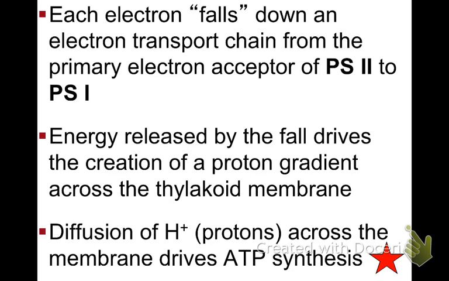Okay, so each electron falls down the electron transport chain from the primary electron acceptor of photosystem 2 to photosystem 1.